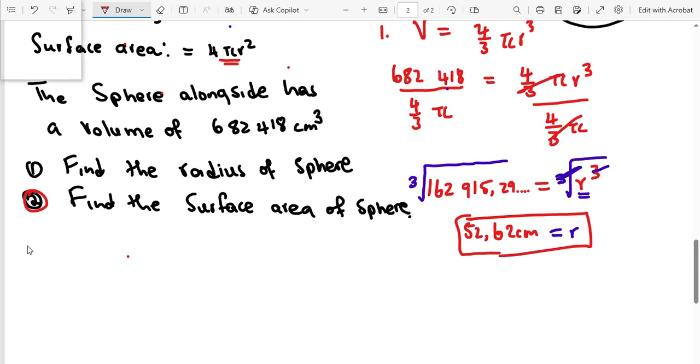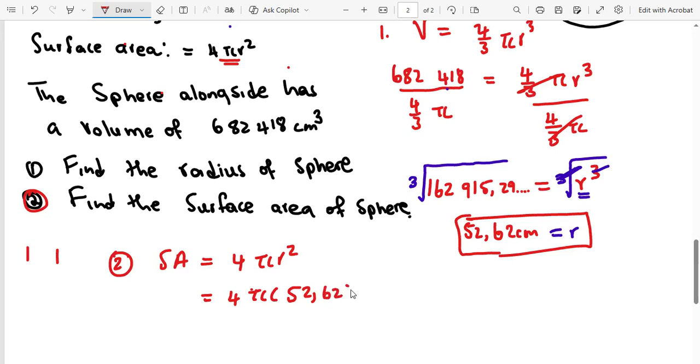So for sure you attempted the question. Let's see what we get on the second one. On number 2, the surface area is just 4 pi r squared. So this will be 4, then pi, and your r is 54.62.